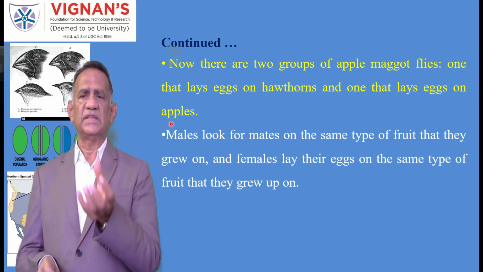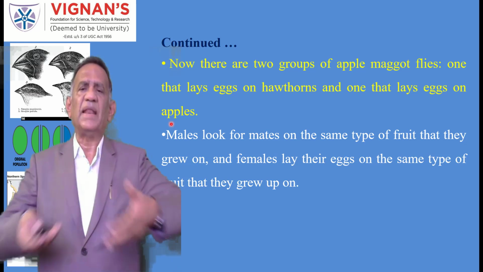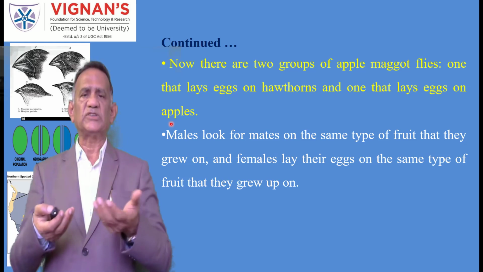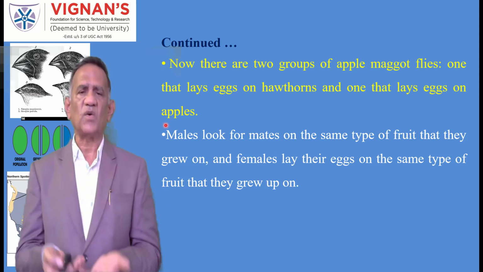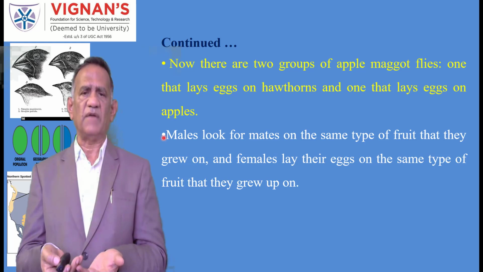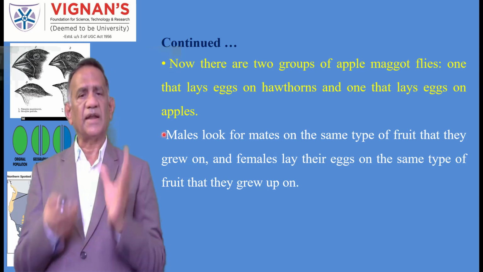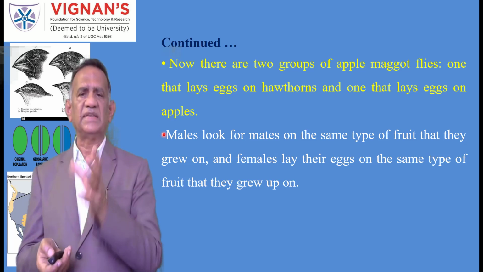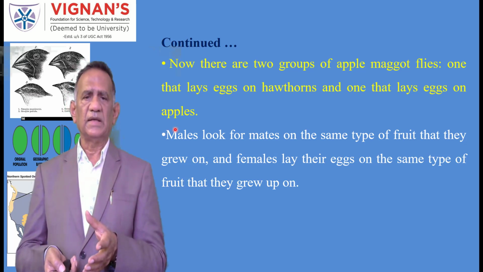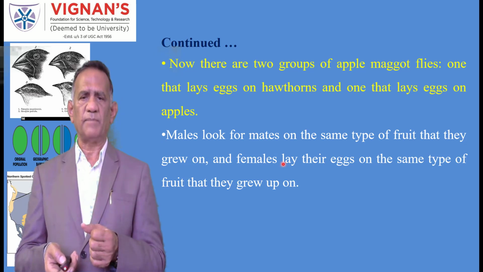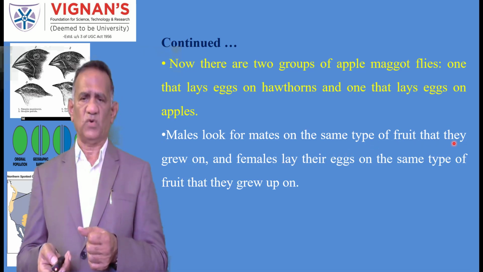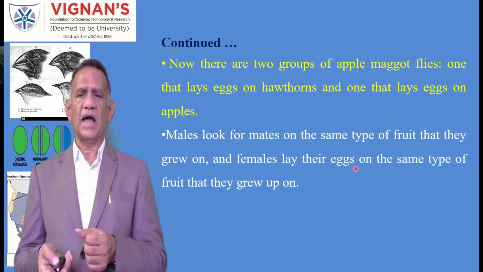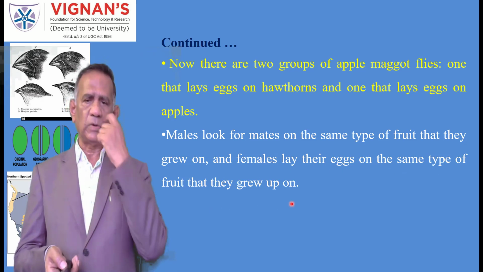These maggots are also one of the biological species like us. The fly is also one of the biological species like us. It needs to survive, so it has adopted the fruit as a substratum for laying of the eggs. Now, in this case, males look for mates on the same type of fruit that they grew on, and females lay their eggs on the same type of fruit that they grew upon.